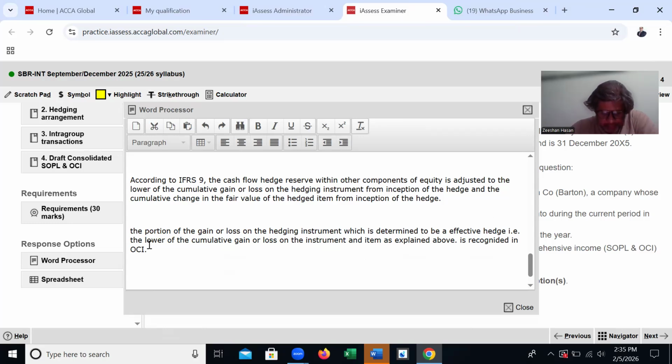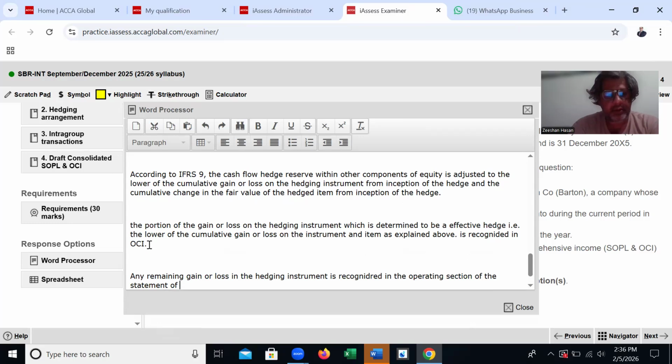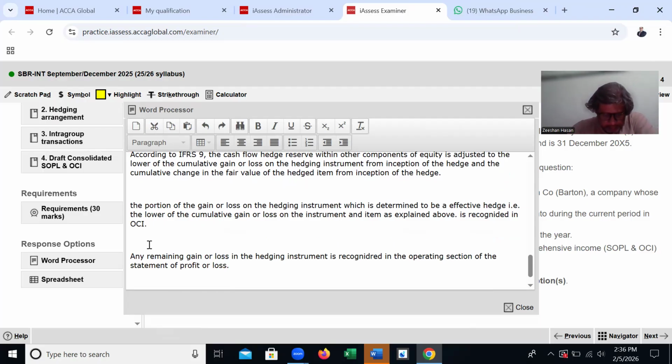Any remaining gain or loss on the hedging instrument is recognized in the operating section of the statement of profit or loss. So far, so good.